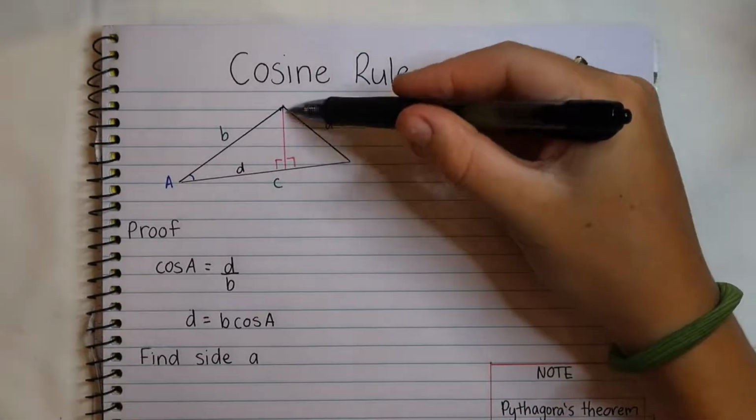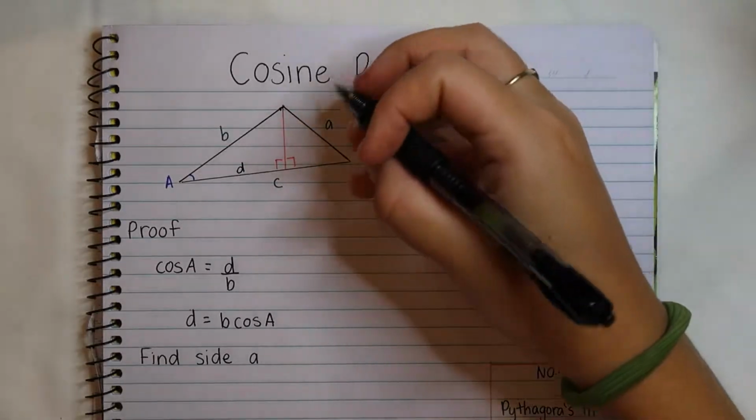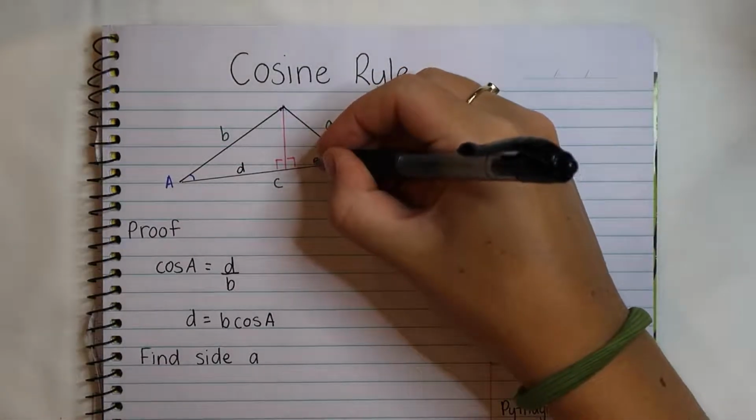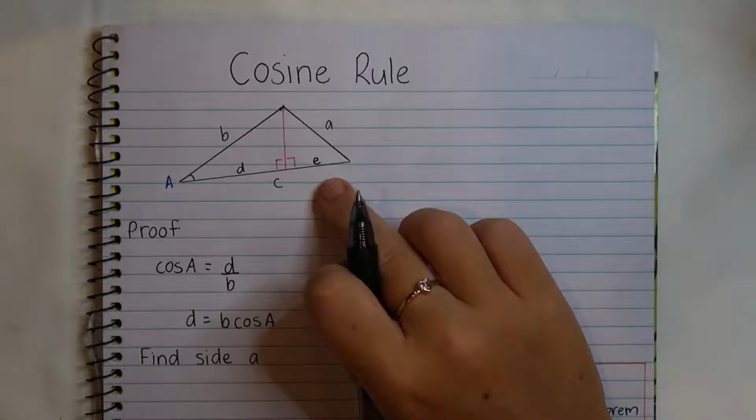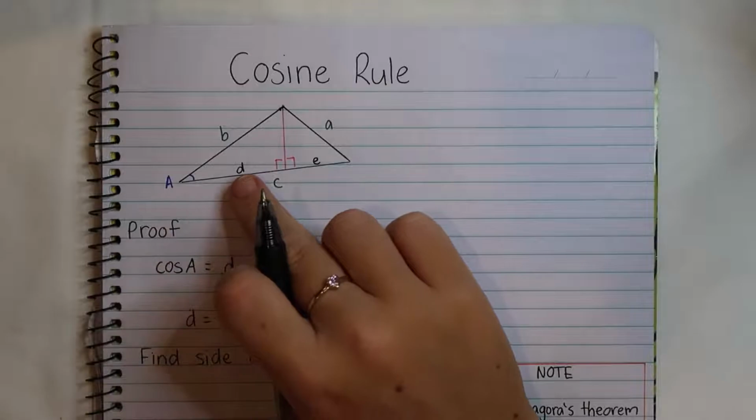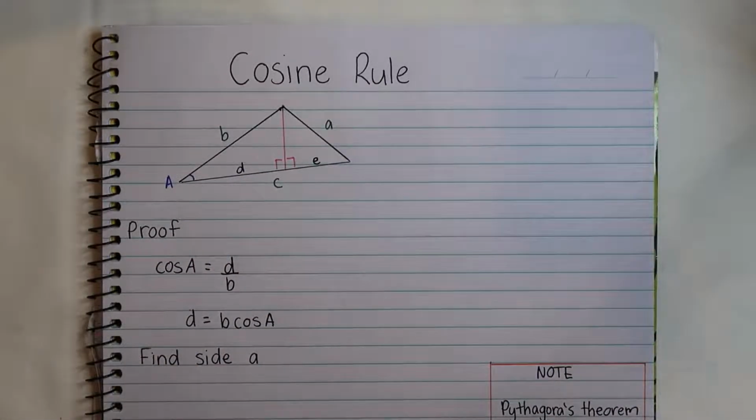Now let's have a look at this right angle triangle. So let's call this side E. So E is this whole C side minus D. So let's write that out.